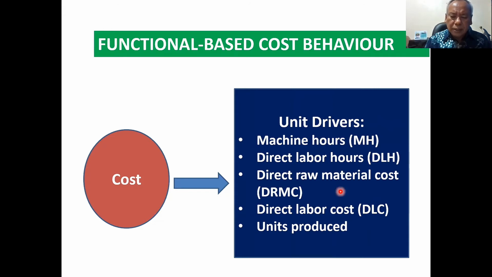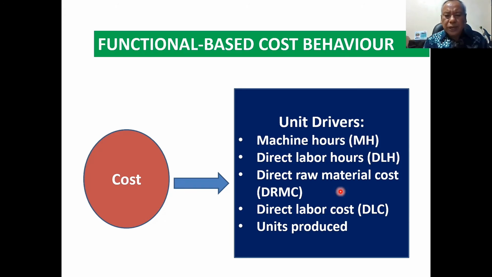As we already discussed earlier, why do we call them unit drivers? Because these drivers are influenced by units produced. The more units produced, the more machine hours, the more direct labor hours, the more direct raw material costs and direct labor costs.